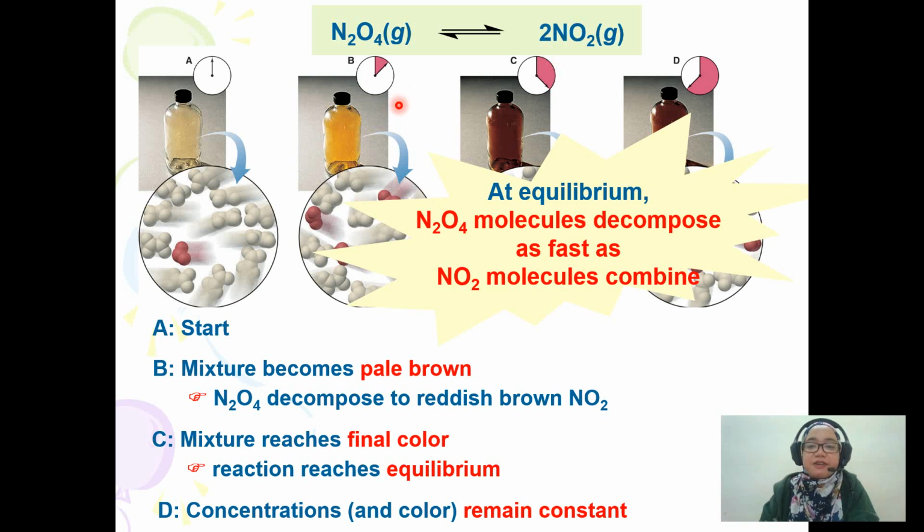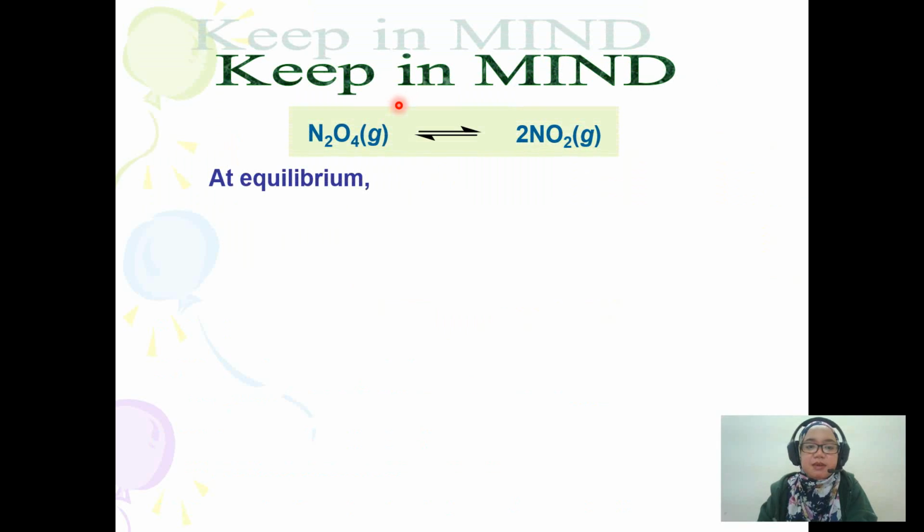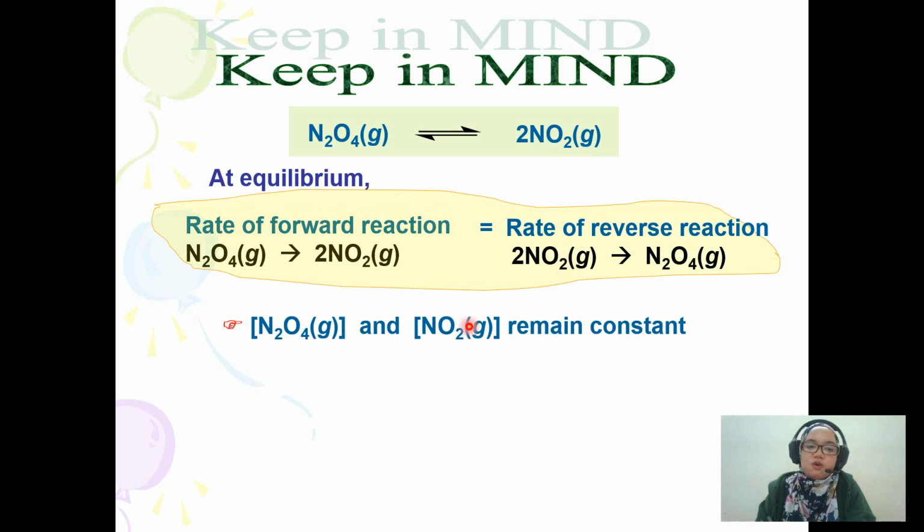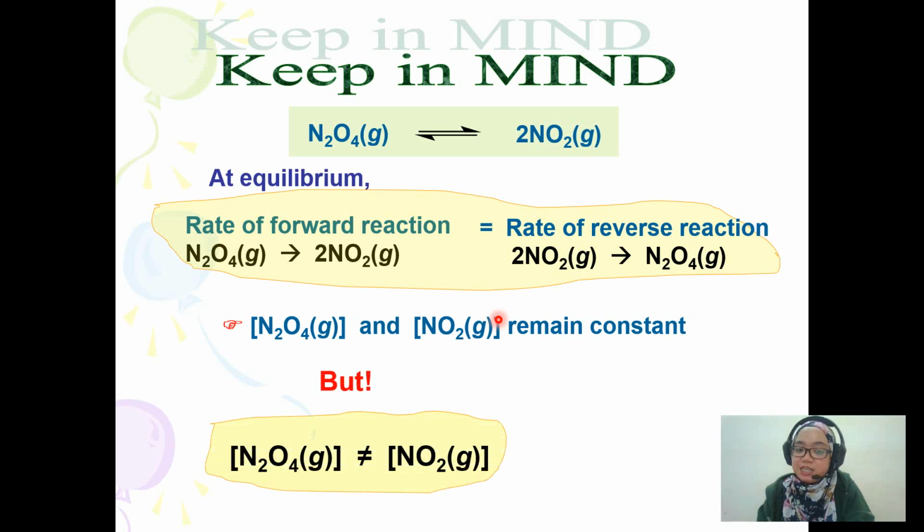Keep in mind that at equilibrium, the rate of forward reaction, N2O4 gas to NO2 gas, is equal to the rate of reverse reaction, NO2 gas forming N2O4 gas back. So, at dynamic equilibrium, the concentrations of N2O4 and NO2 remain constant.